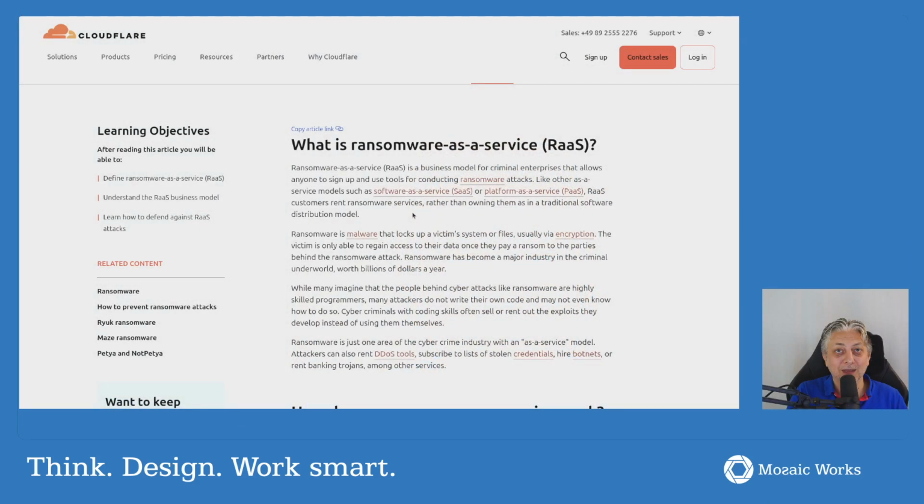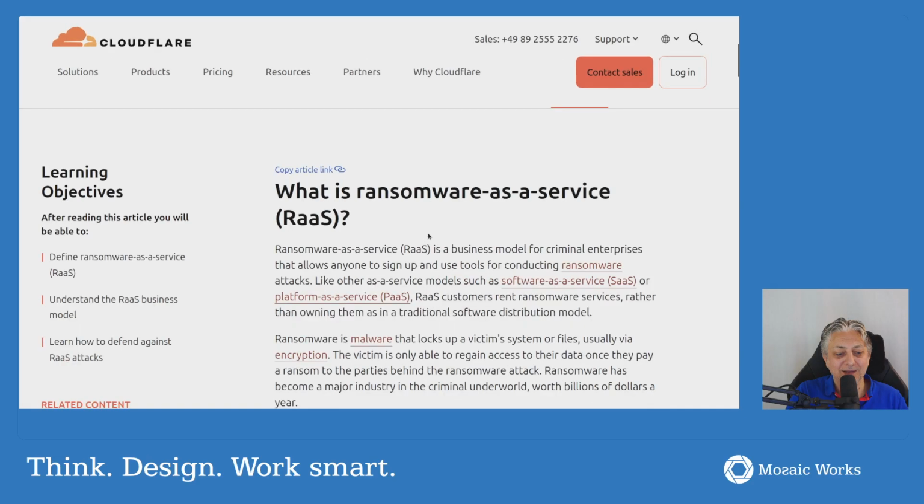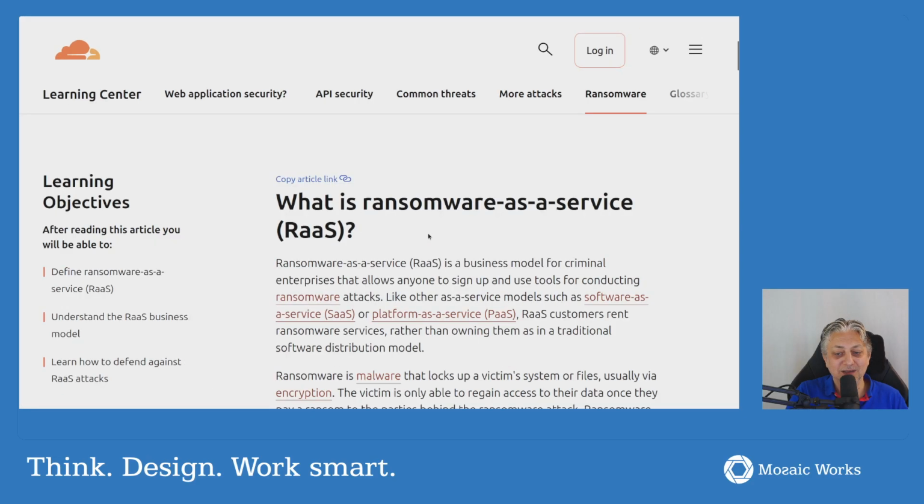Now, you may wonder what is worse than nuclear war. Well, number one on this list is ransomware as a service. So maybe you've heard about ransomware. I'm sure you did.